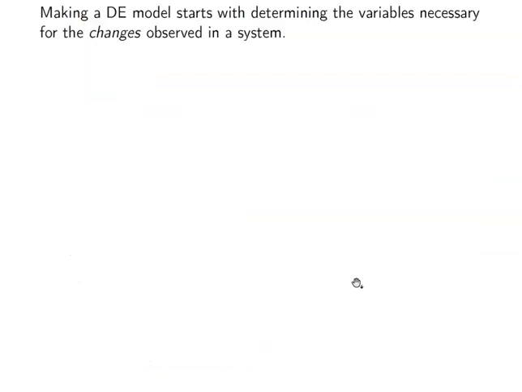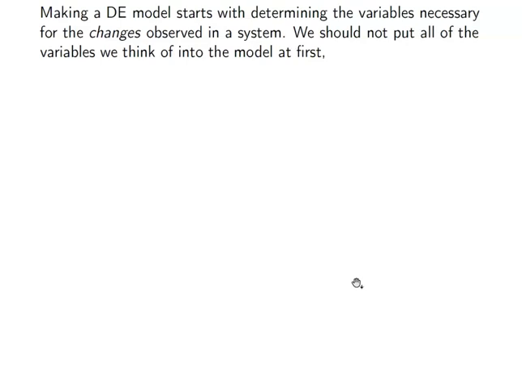If I want to make a model out of derivatives, or make the differential equation, we need to determine what variables are present in our system. So what changes as our process goes, right? As time goes, generally.